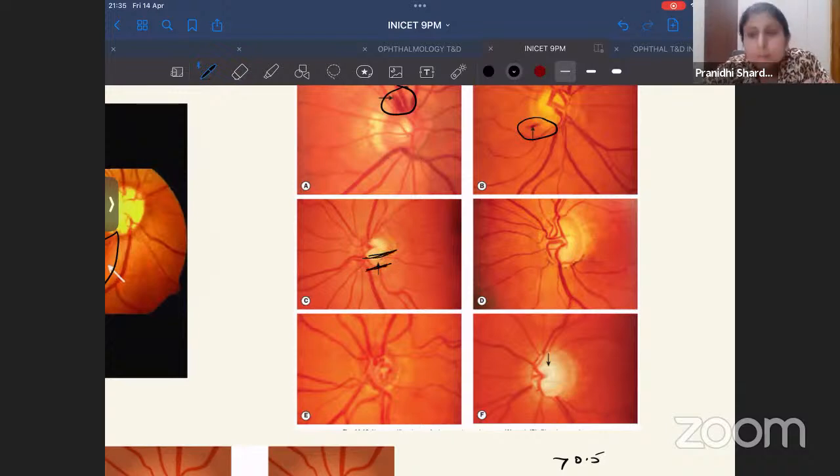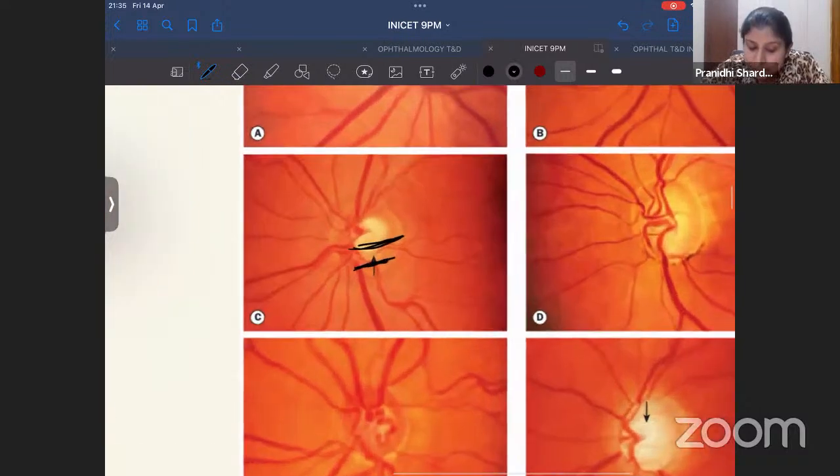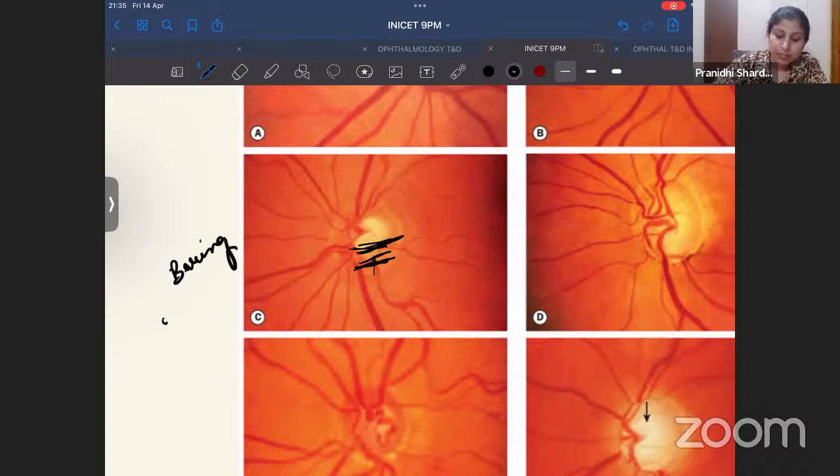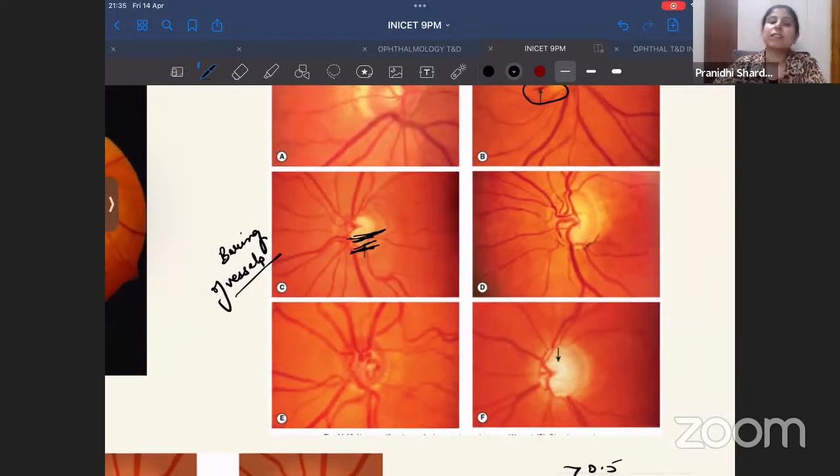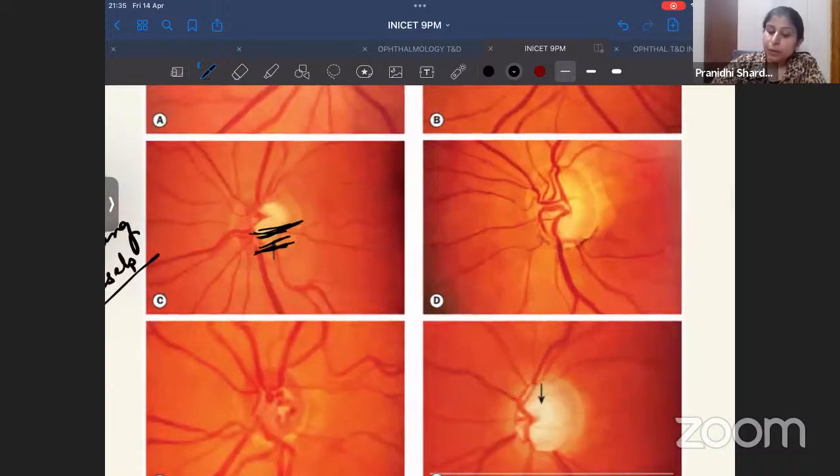Whenever there is loss of healthy tissue, the vessels roam freely without the healthy tissue behind them. This is known as bearing of the vessels, mostly seen in the horizontal vessels running from the optic head.